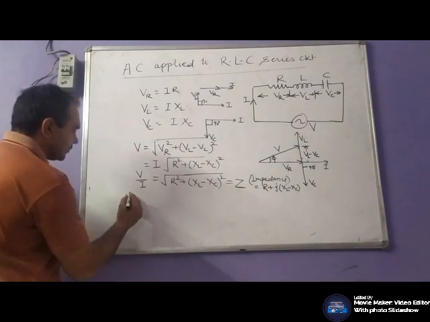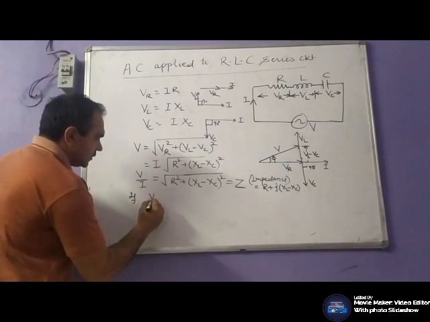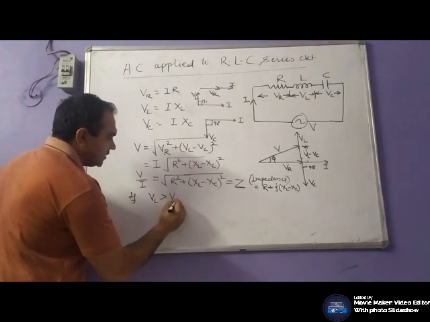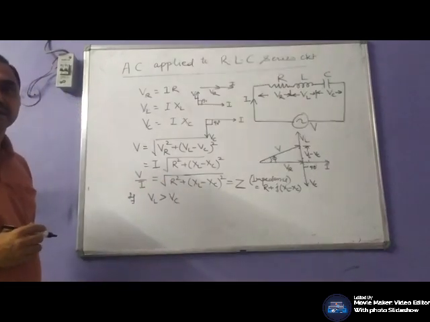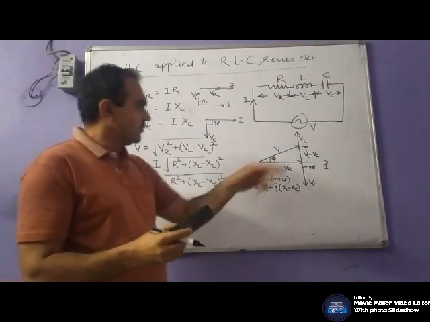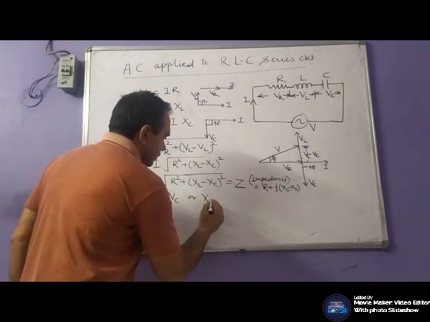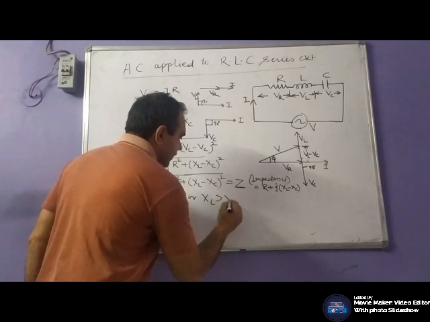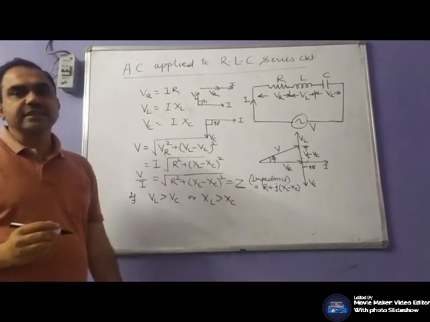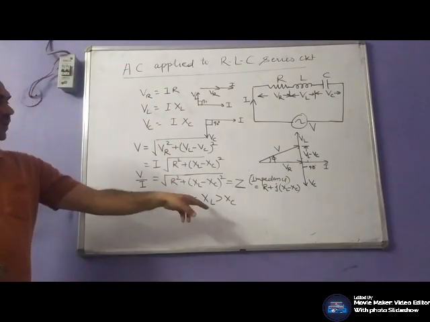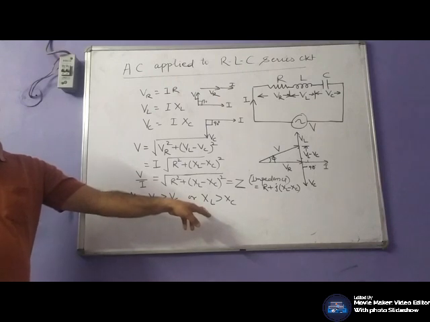In case VL is greater than VC, then this VL will dominate, or XL greater than XC, your circuit would be inductive.